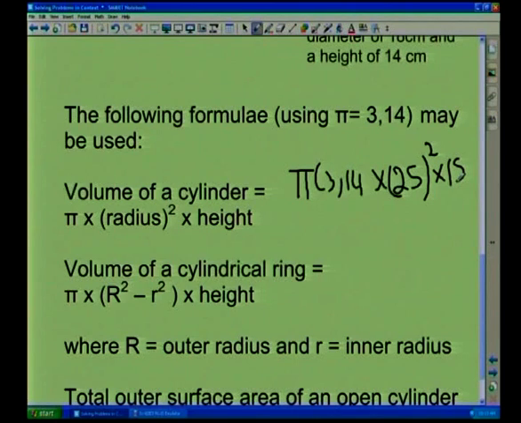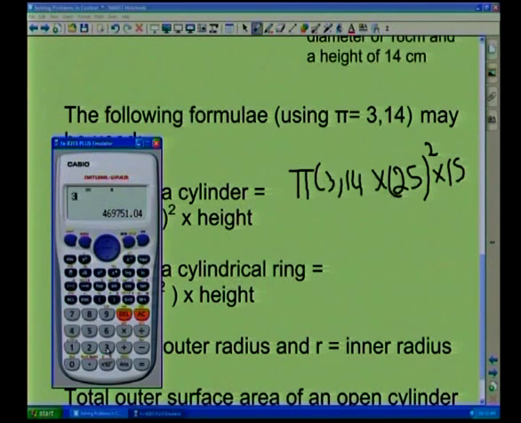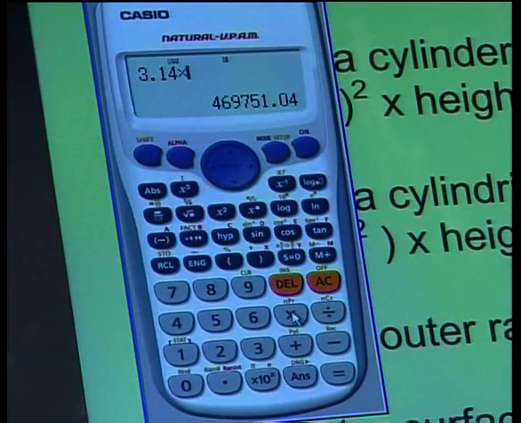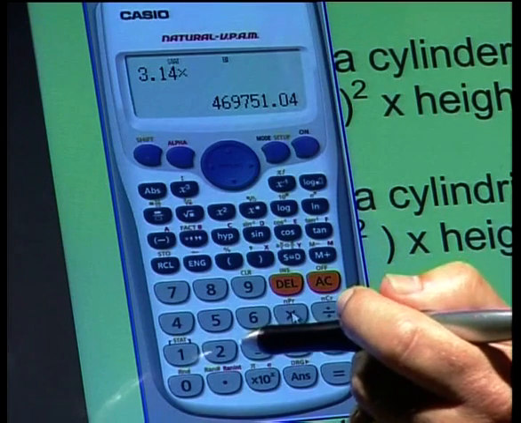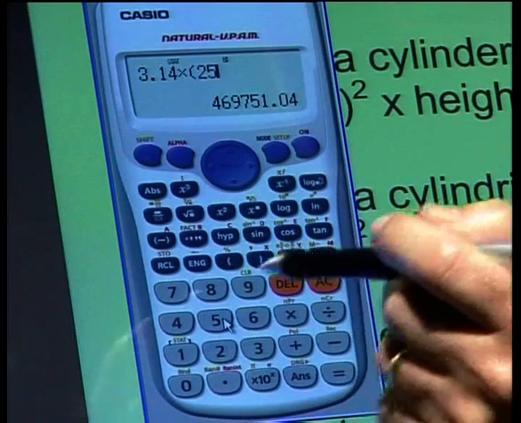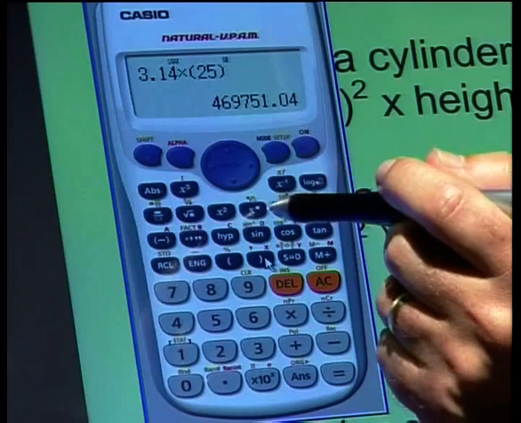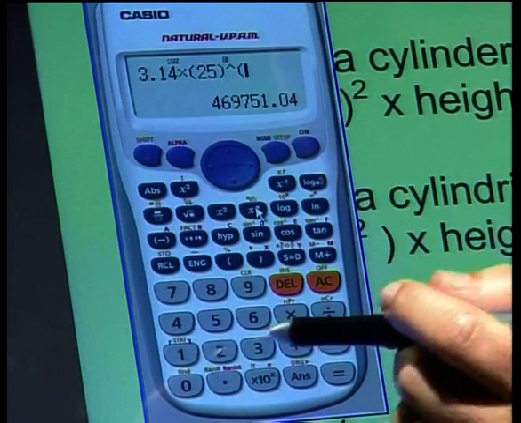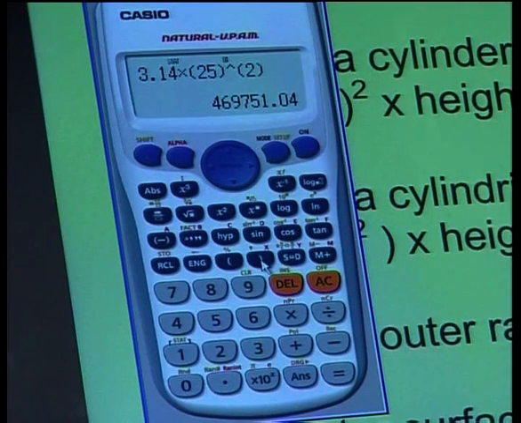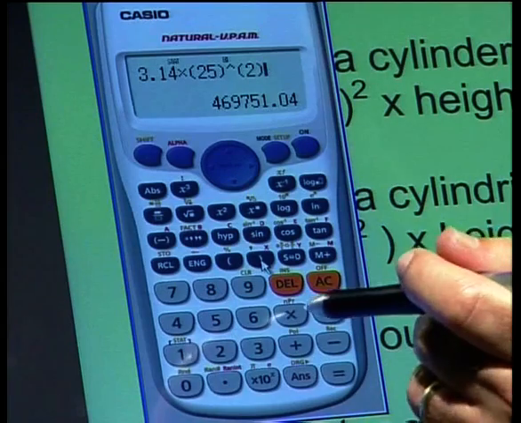Let's go and do those calculations quickly. We're going to put in 3.14 for pi. We'll then multiply 25, and we need to square that value, so I'm going to put it in brackets, close the brackets, and square that value. And then we're still going to have to multiply by 15.